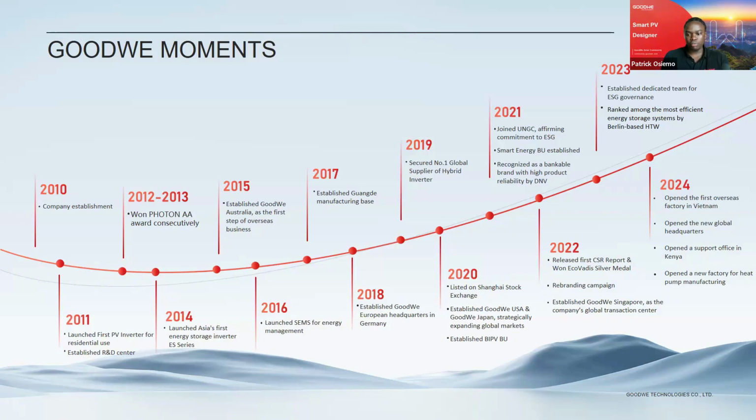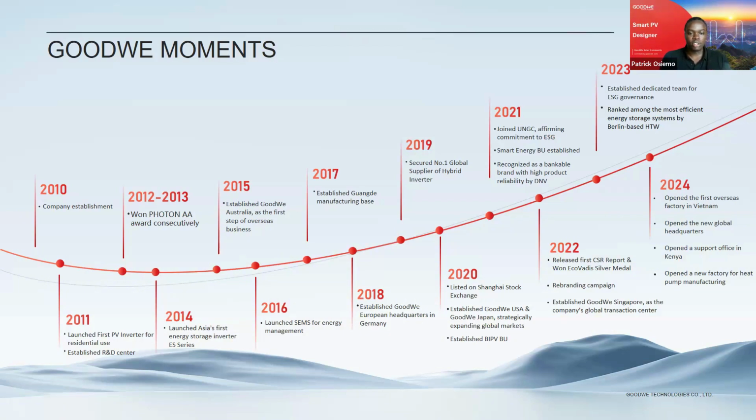The products that we launched managed to garner a number of awards, the Photon AA Award 2012 to 2013. And this paved the way for GoodWe to launch its first residential hybrid inverter into the Asian market in 2014. That's when the ES series was launched. And we managed to get some traction globally.